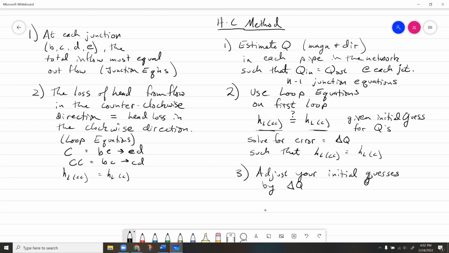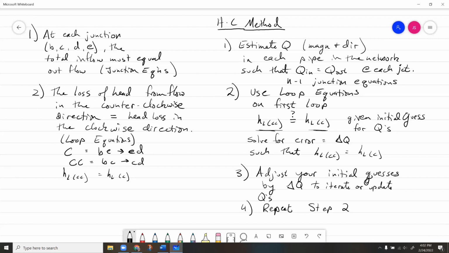But essentially, you add it to one side and you subtract it from the other to update your Qs in that particular loop, and then you repeat step 2. You see how far you're off again. Hopefully your delta Q goes down. It's not going to be a perfect adjustment, but it's going to get you in the right direction.